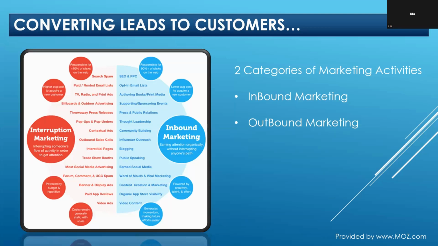Earned means you're earning the views through mentions and likes as opposed to just paying for it. Word of mouth and viral marketing, content creation, we talked about a little bit, and video content is another good form of inbound marketing.